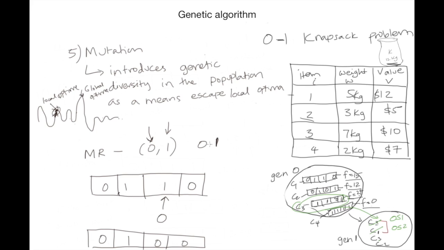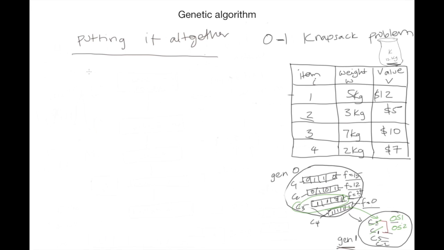And typically we set the mutation rate to be around 0.1 or so. Putting it all together, given a problem, we first came up with a representation of the solution in the form of chromosome encoding, and GA used this template for chromosome encoding to create an initial population of individual chromosomes which were randomly populated.